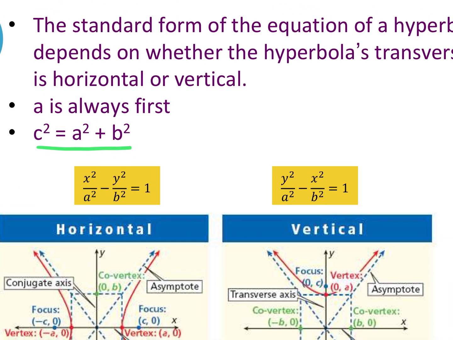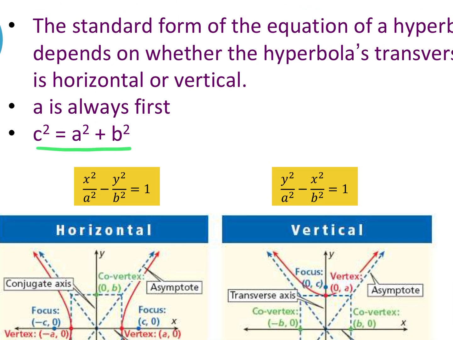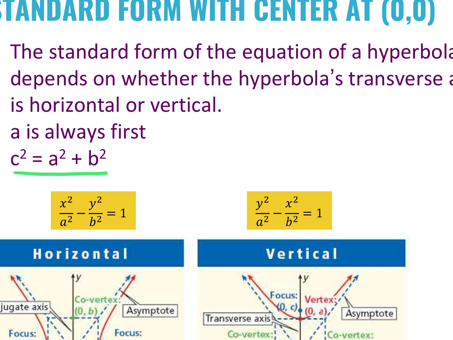All right, so what I want you guys to remember, what did I say? The first variable is going to tell you what kind of a hyperbola you have. Because remember, guys, we're dealing with subtraction. So does order matter? Yes.